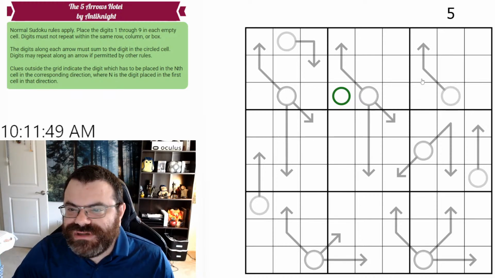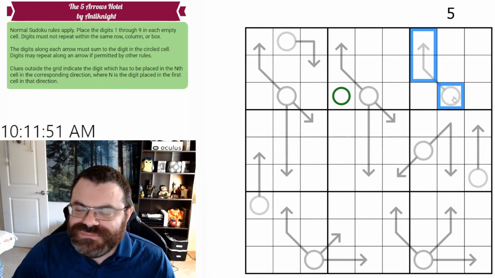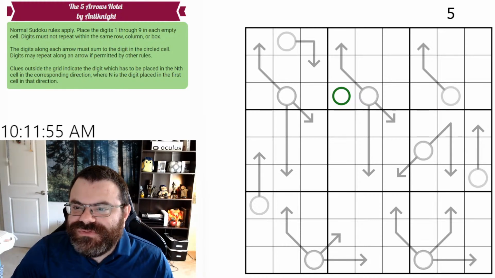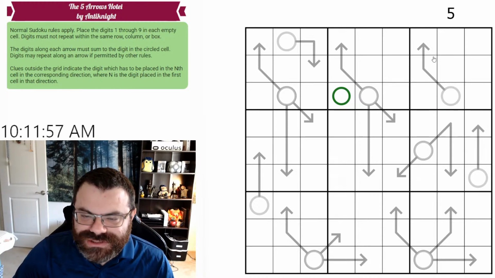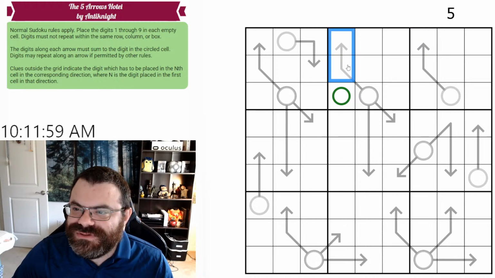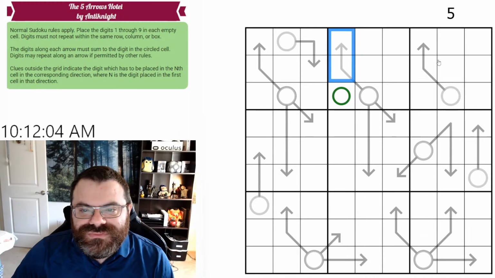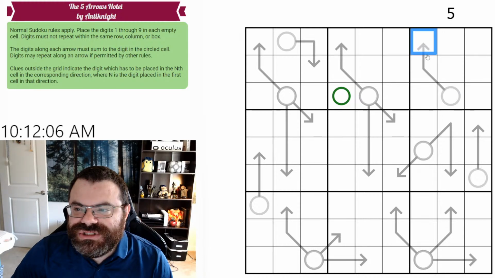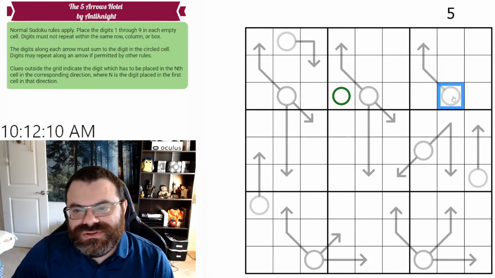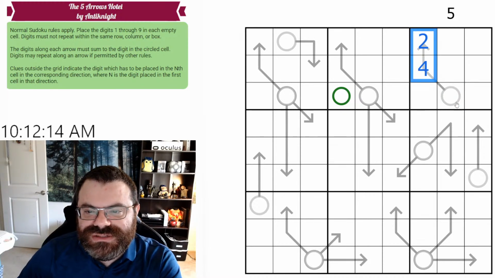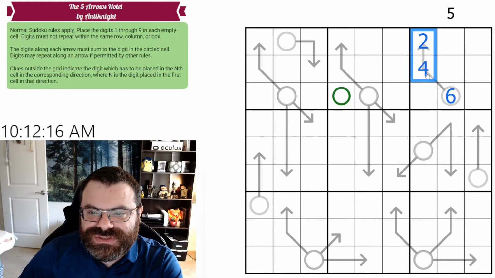You guys can put standard arrows in the description, so that I don't have to figure out if this is standard or not. So these are standard arrows, which means the digits on the arrow sum to the value in the circle. So if this were, for example, 2, 4, you sum those, they sum to 6, and this value is a 6.